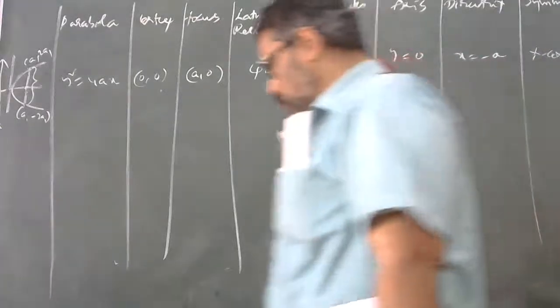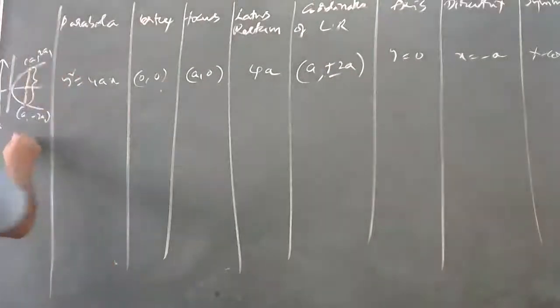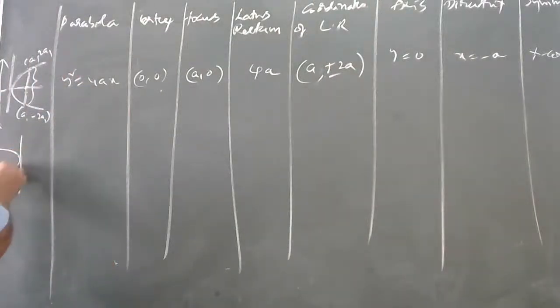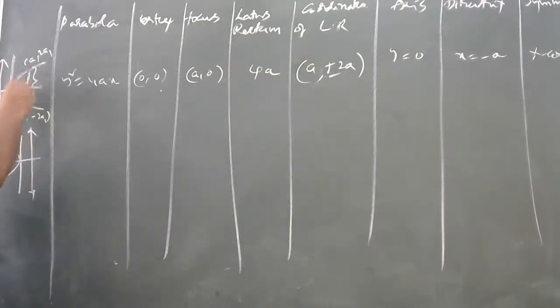Now second case, we take the left parabola. This is the directrix here. This is the latus rectum, with its end points. I told you, the line passing through the focus and perpendicular to the axis is called the latus rectum.